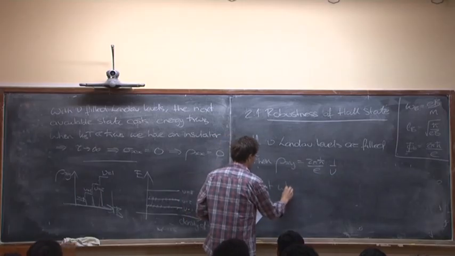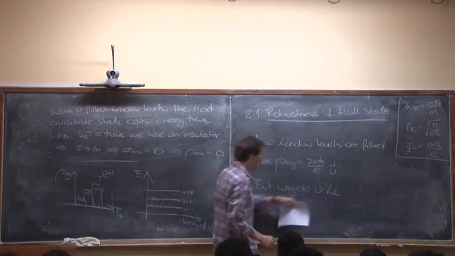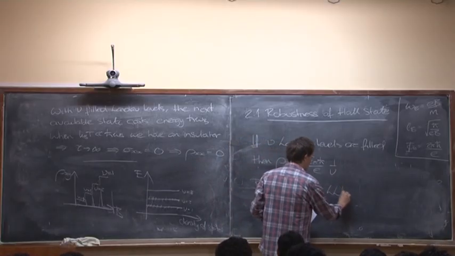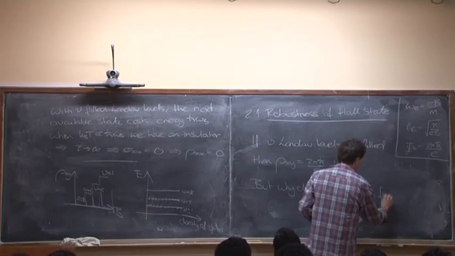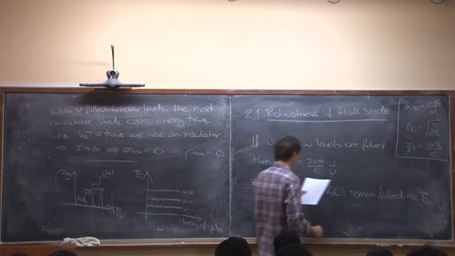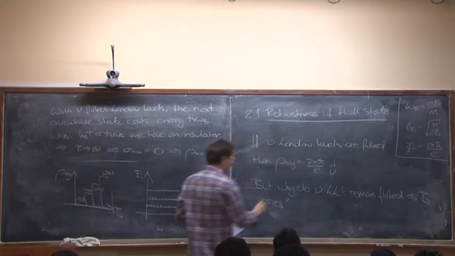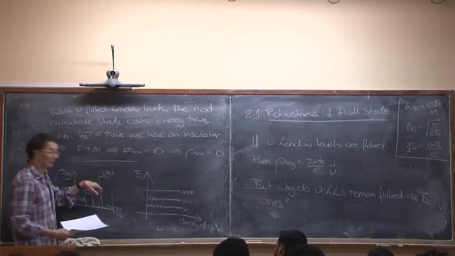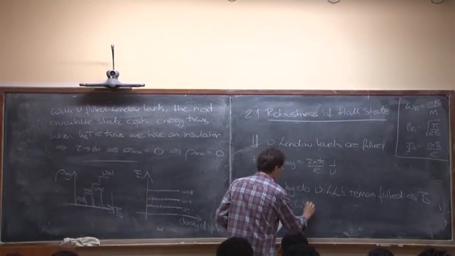The question is, why do nu Landau levels, I'm going to abbreviate Landau levels as LL, remain filled as B varies? Which must be the case experimentally because we see these results. In other words, why do we see that?